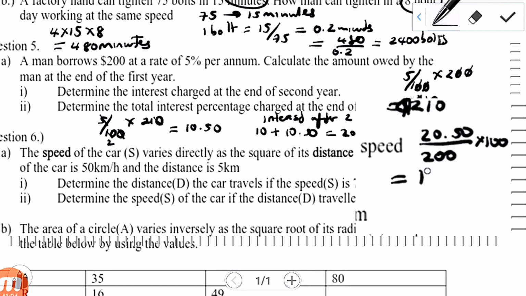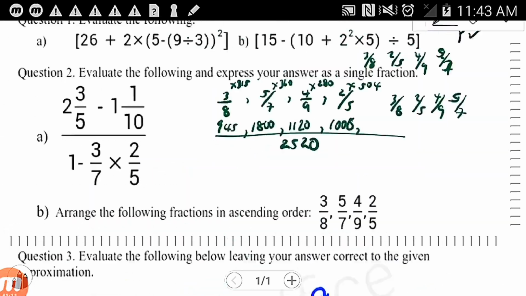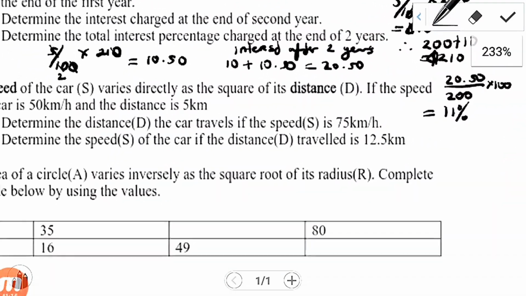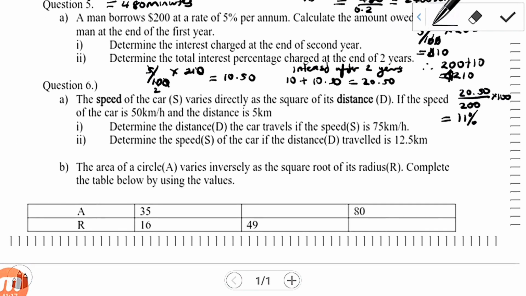Well, in fact, it is 10.5, but rounded off to approximately 11% interest charge. All right, so that is how the solution comes down. The total interest charged at the end of 2 years as a percentage is 11%.